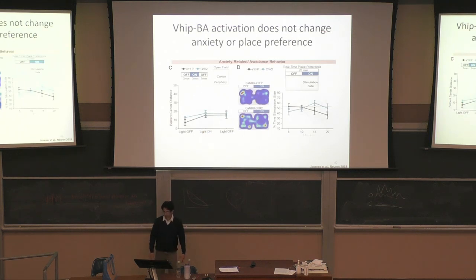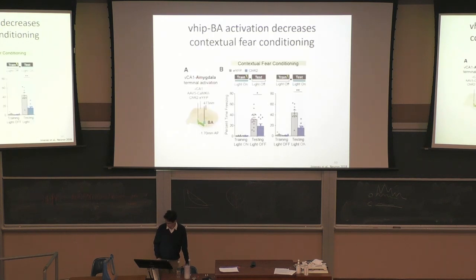And then they showed that activating... Sorry, yeah. On the previous slides, when you show the training with the light on, what does it conclude? It concludes that the association between this box and this box has shock requires some kind of activity of this circuit. So the first experiment is testing the role of the circuit in learning the association that this box causes shock.